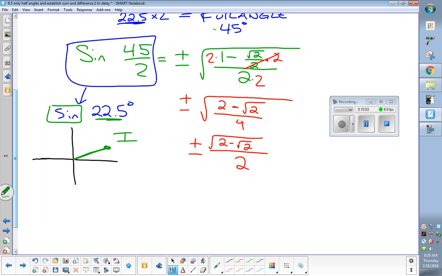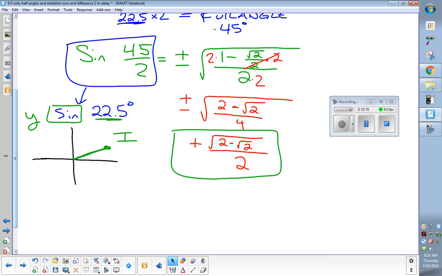If we're talking about sine means y. So what's your y value going to be in the first quadrant? Is that positive or negative? That should be a positive answer. Okay, so probably not too complicated there. It gets you a pretty good start. It's pretty much the exact same thing every time. It doesn't really change that much. So once you get the hang of it, it should be fairly easy.